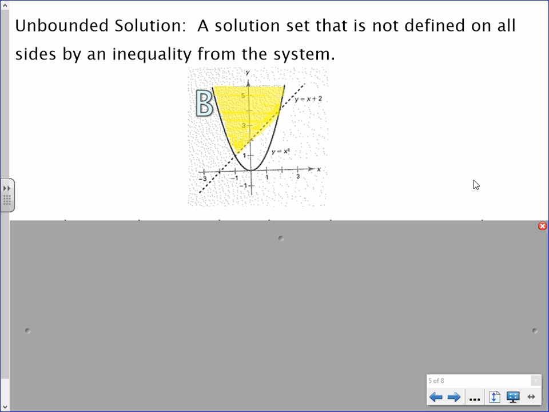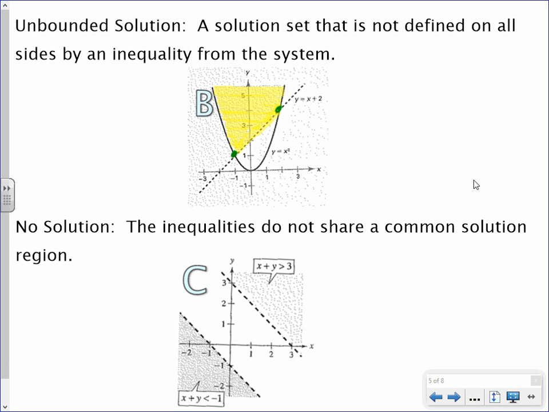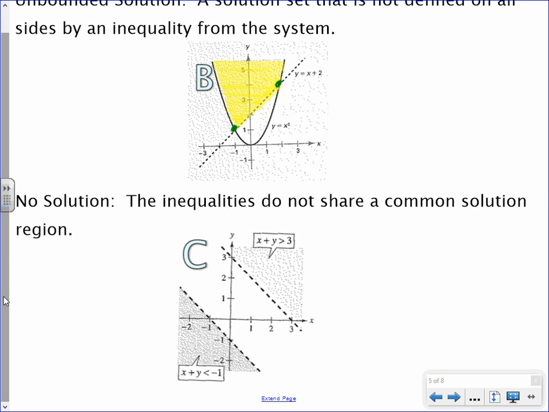It's bounded down here by these two vertex points or vertices, but then it's going to keep growing, right? And then it is possible for us to have no solution where our shadings don't overlap at all. In this picture down here, I have a set of parallel lines where the shadings are going in opposite directions. So we don't have any common solutions.